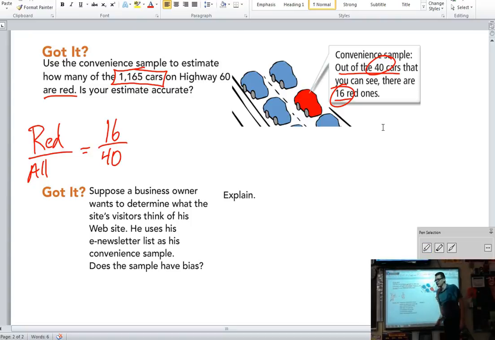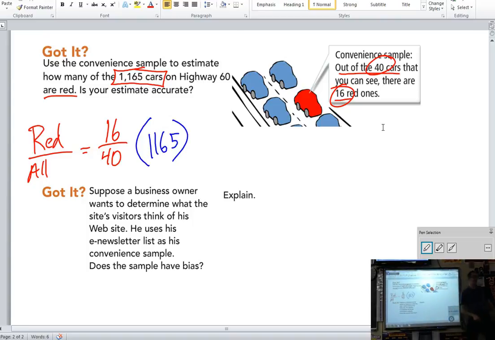We can set that proportional to my red out of my total, or we could use a percentage, but we don't even need to. Just multiply your proportion or ratio by the total. This is essentially doing the cross multiplication. That will spit out the amount of predicted red vehicles.